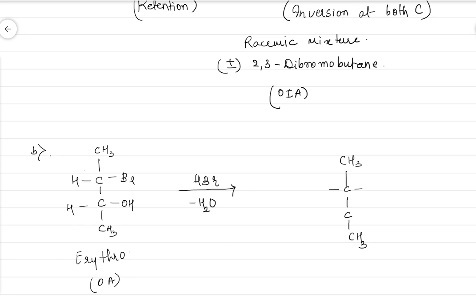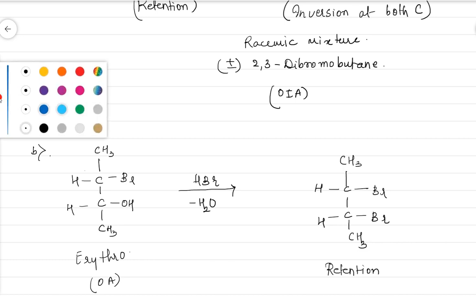What we are getting is, look at this product. What does it look like? This is your retention of configuration, right? 100% retention. Both the bromines, when you look at the mechanism, either can be written on the right hand side, or both of them can come on the left hand side.